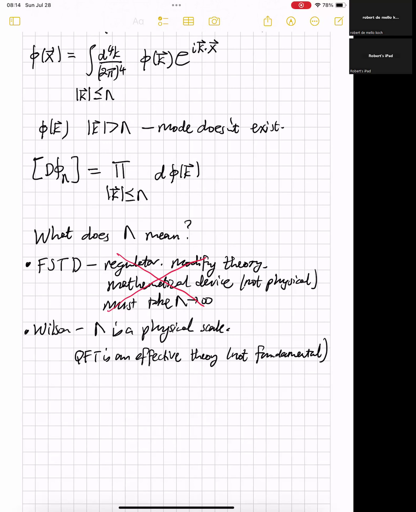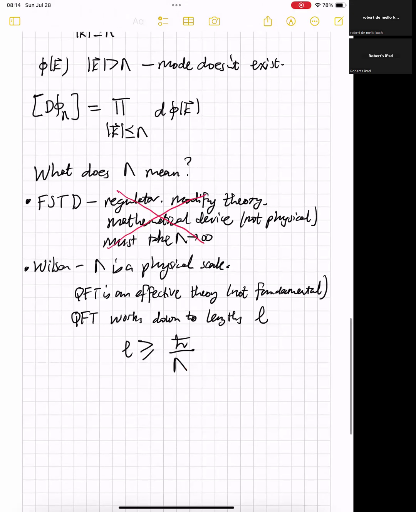In the same way, quantum field theory is an effective theory, not fundamental. So QFT works down to lengths L greater than or equal to h bar over lambda, the cutoff. So that's the physical meaning of it, okay?